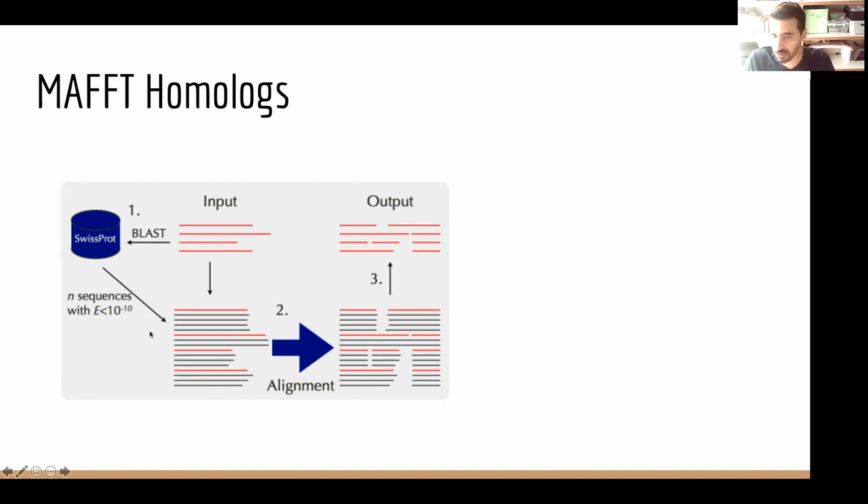You are just interested in your sequences of interest, but you can get additional help from the databases to better guide your multiple sequence alignment. So these homologs, which are represented in gray, help you to align these red sequences. And after they are aligned well, you can remove the gray ones, and you end up with red sequences which are aligned better than they would have been if you didn't have these gray sequences.